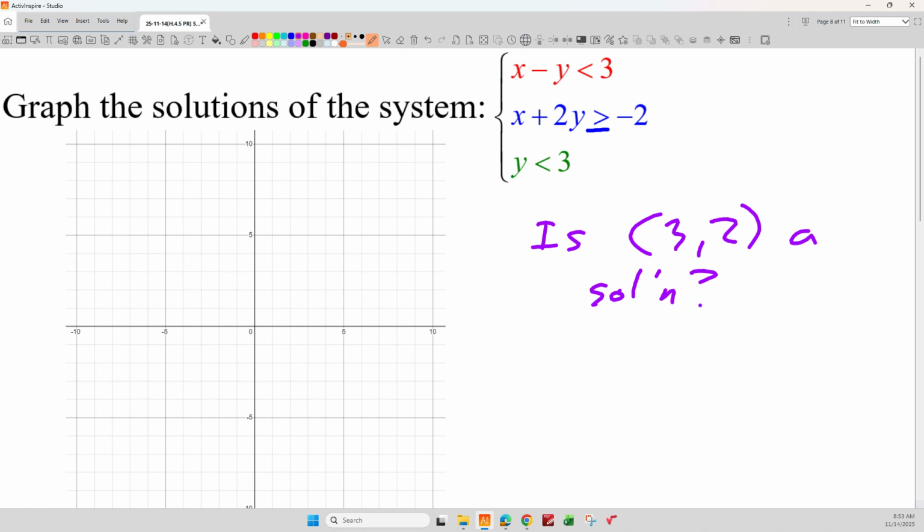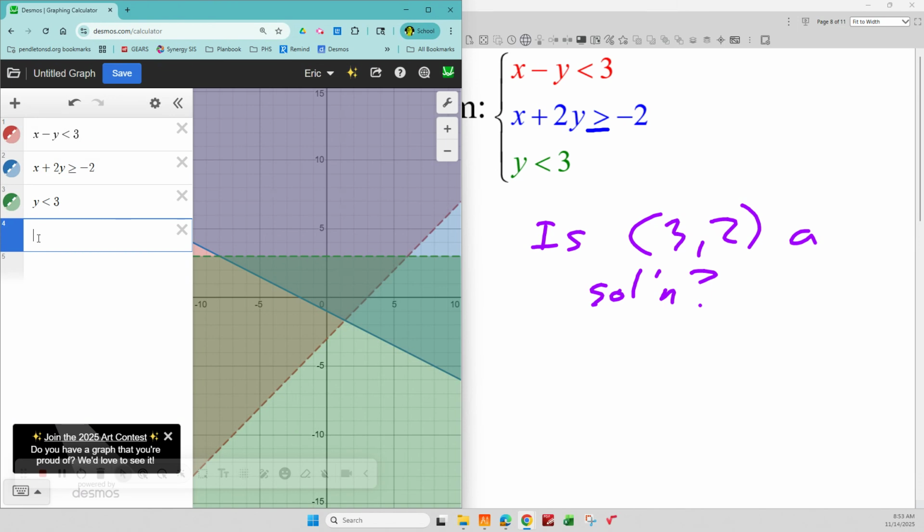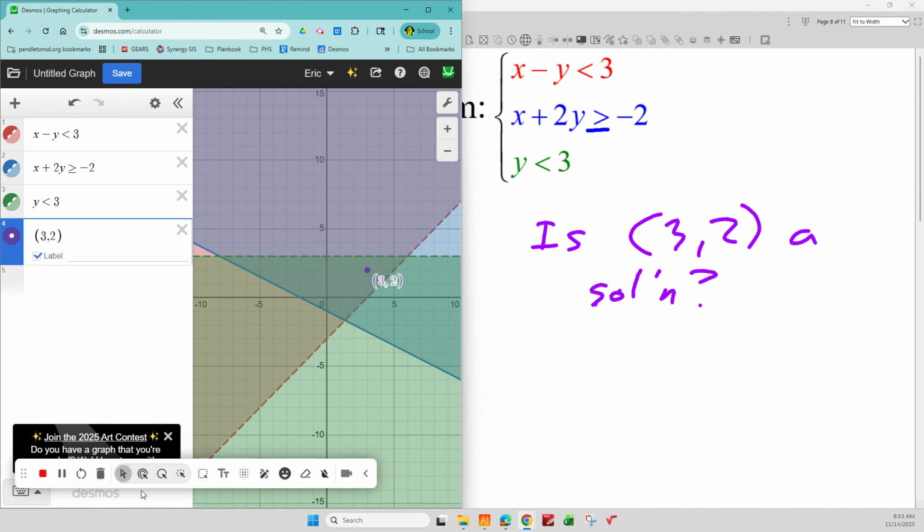How could I test that graphically using Desmos? Put it, yeah. And you know how to graph an ordered pair. You just write the ordered pair. So I could just come down here and type in the ordered pair 3, 2, and look what it does. Okay, so is it a solution? Yeah. Okay, good.